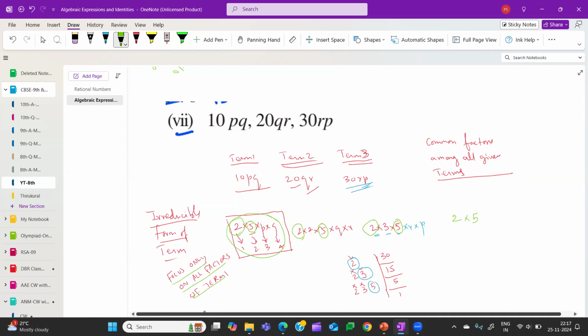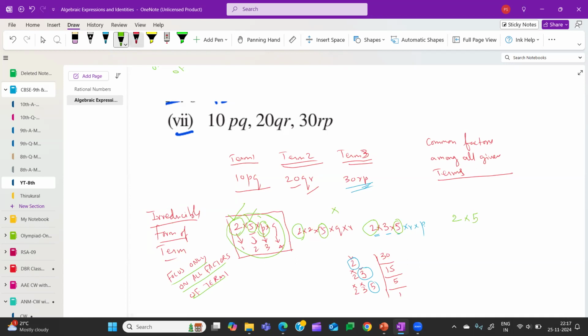Next, come back to factors of term 1. The third factor, we have checked factor 1, factor 2. The third factor, we are checking whether this third factor P is available in all the other terms. P is available in term 1's irreducible form, but it is not available in term 2. So if it is not available in any one of the terms, then you need to stop there.